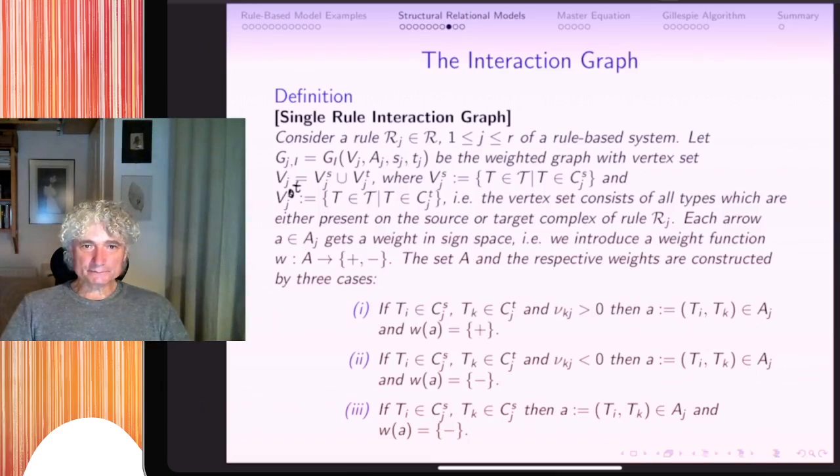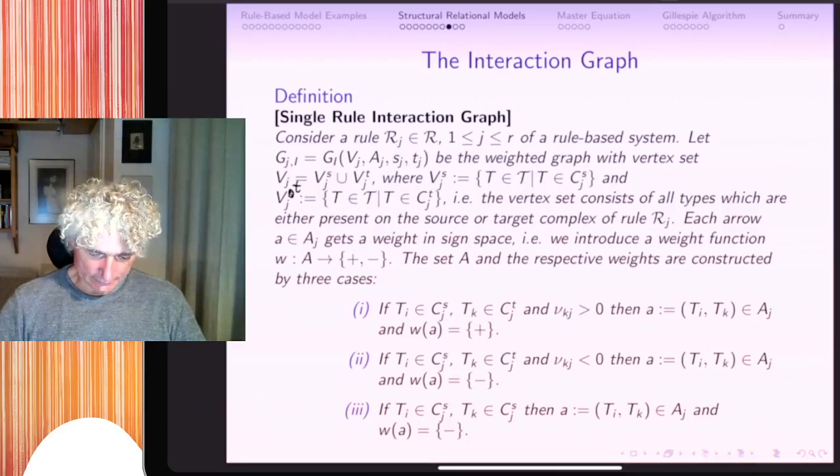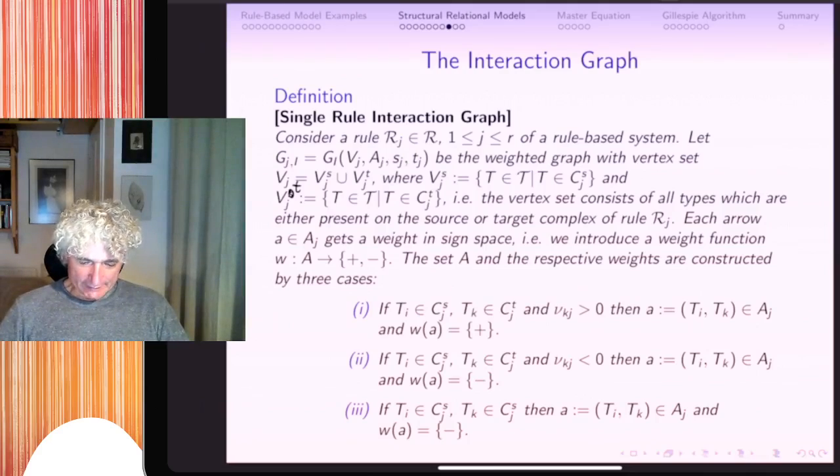And if the ν_kj here is positive, then we draw an arrow here, and we have also a positive weight on this arrow.